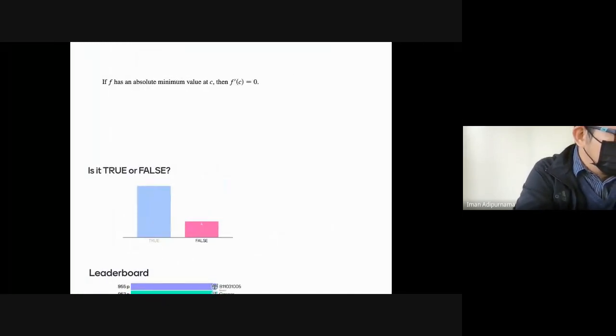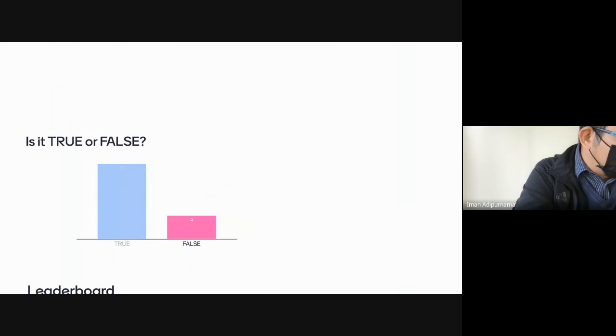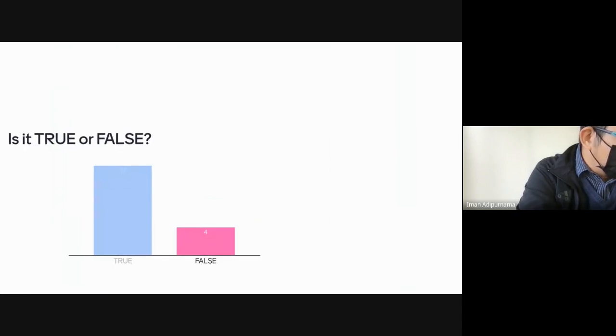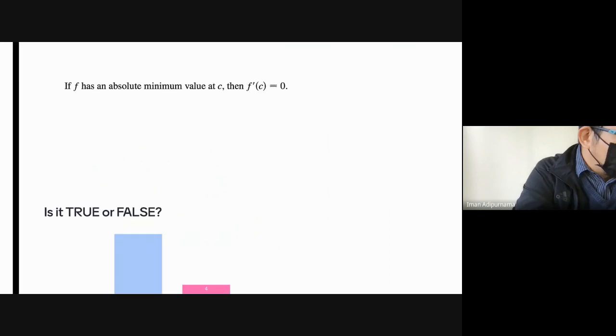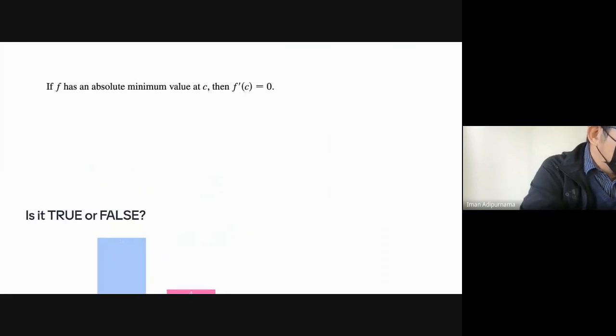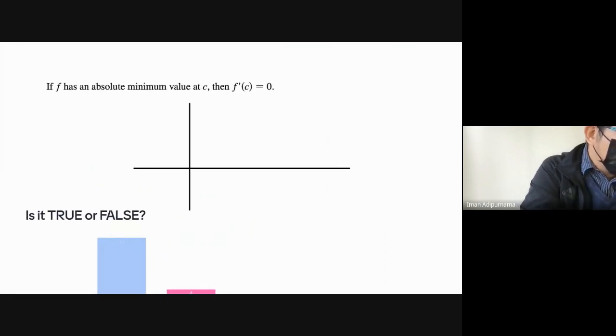Okay, let's start with the feedback from last Friday. If f has an absolute minimum value at c, then f prime c is 0. It's surprising that most of you chose the answer true. Remember, if you have a function, let me draw it.